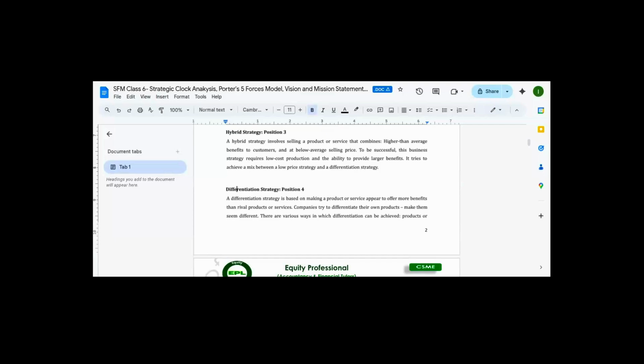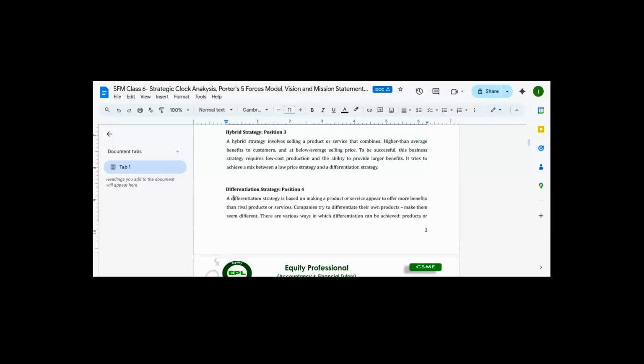The next one is differentiation strategy, position 4. That is the 4 o'clock strategy. So why do we call it a differentiation strategy? A differentiation strategy occurs when a company produces a unique and different product that is quite different from all existing products in the market.